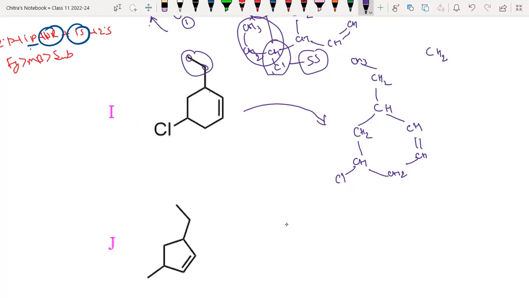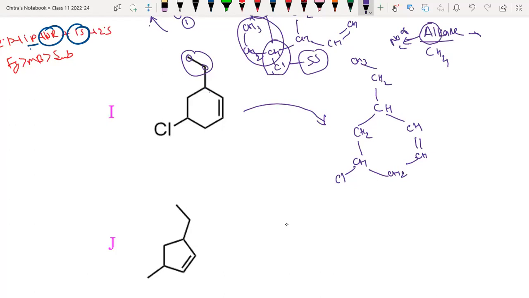CH4. If we remove one hydrogen, that is also called an alkyl group. The alk represents the number of carbon.